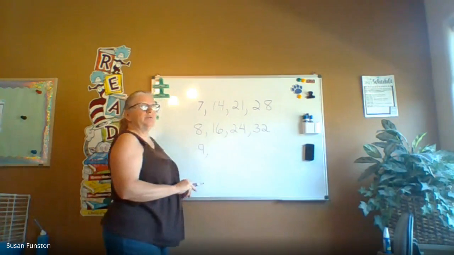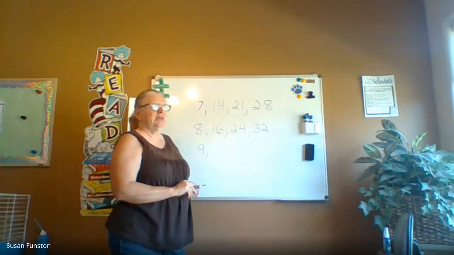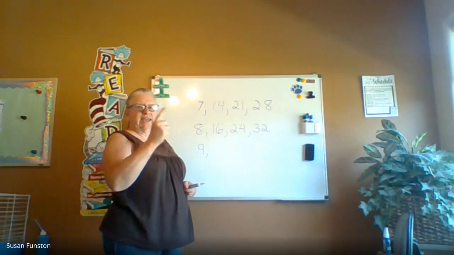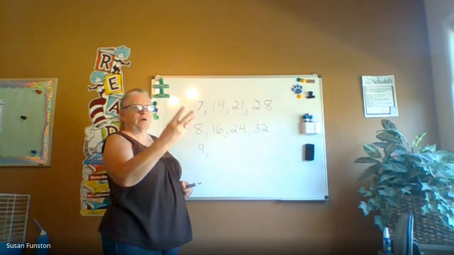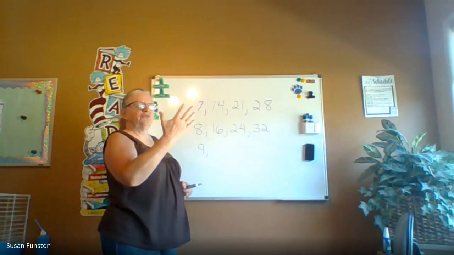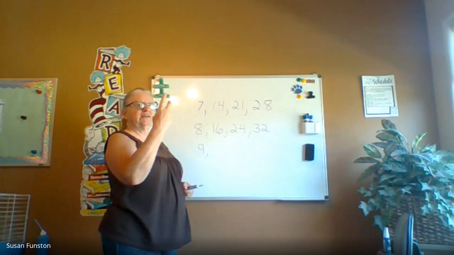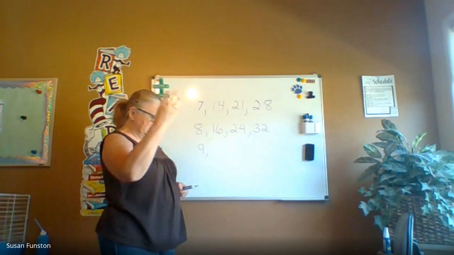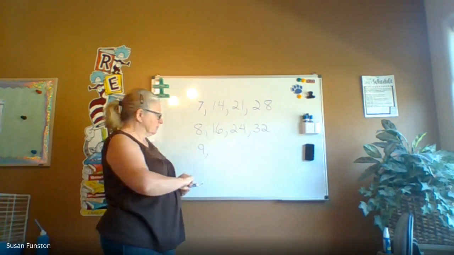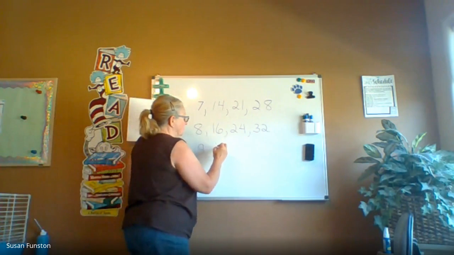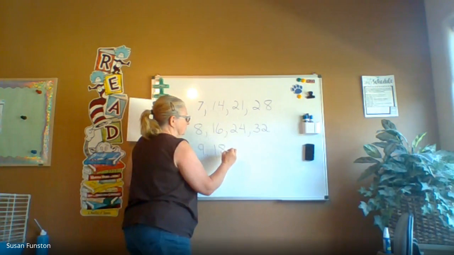Now I'm going to add 9 more. Ready? 10, 11, 12, 13, 14, 15, 16, 17, 18. So my next number counting by 9s is going to be 18.